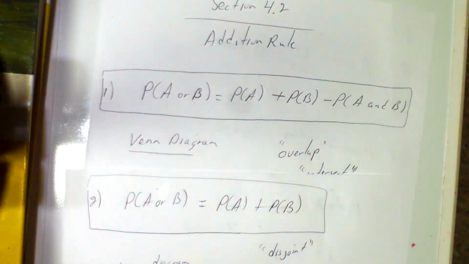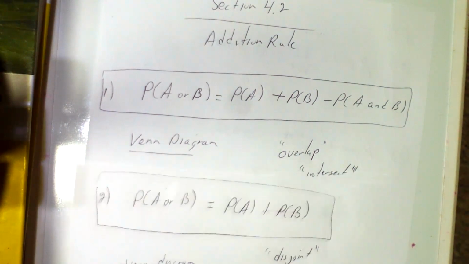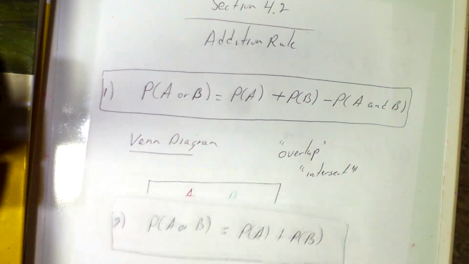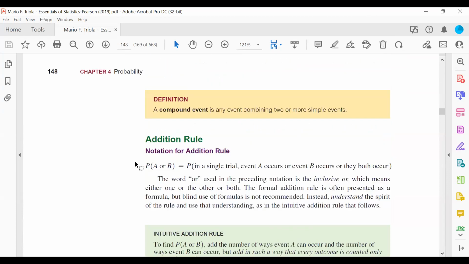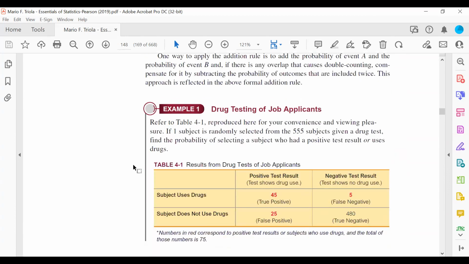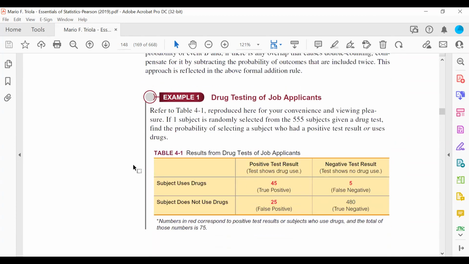Now let's talk about how you apply this to the Punnett squares. Let me give you an example of a Punnett square. The book has, on page, I believe this is 148, a square.